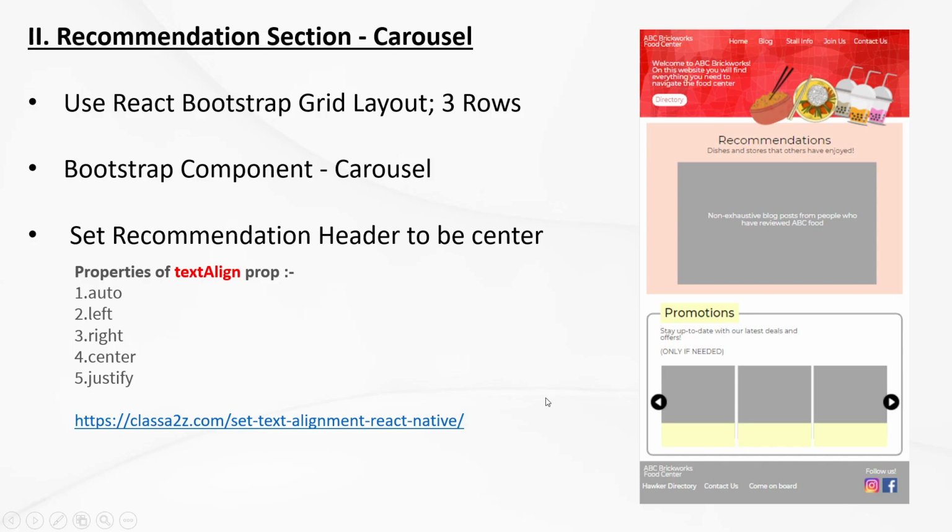And last but not least, now we are in the third component, which is the recommendation segment. So for this recommendation section, I'm using React-Bootstrap grid layout to also segment the thing. In this case, I have 3 rows.